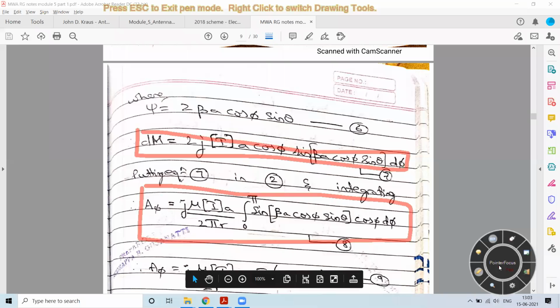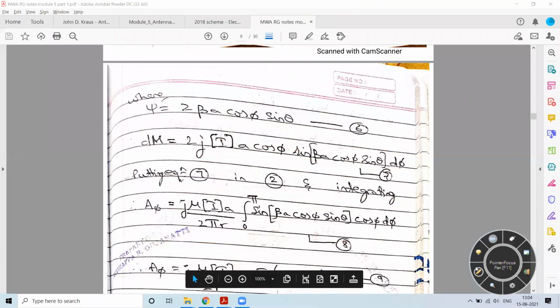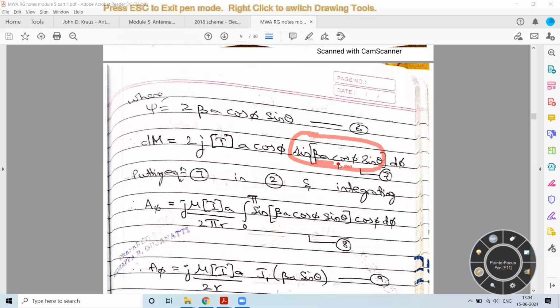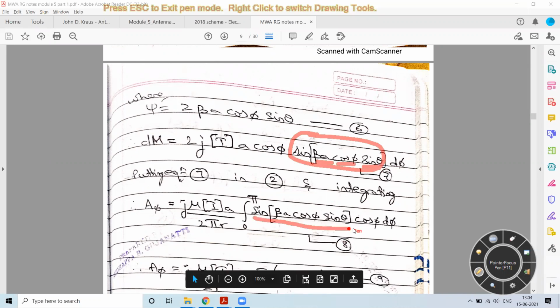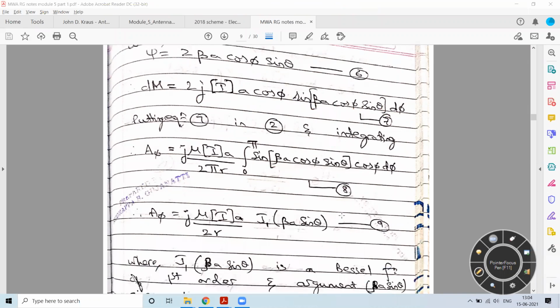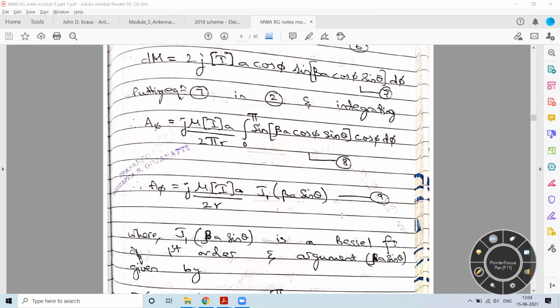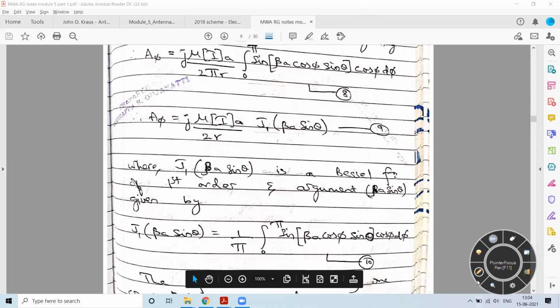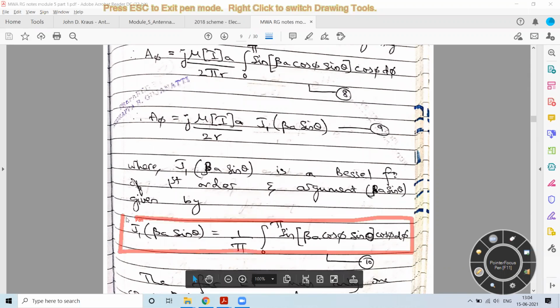Now here we have a complex integration because of this parameter, where sine is involved with beta a, the phi component and the theta component. Such kinds of integrations can be handled using the Bessel function. We can use the Bessel function, which is J1, the first order Bessel function.